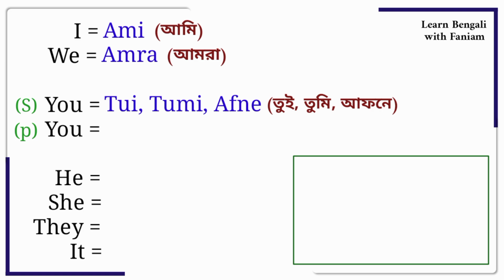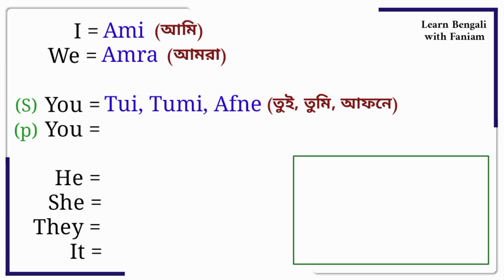Then the second one is tumi. You can use it with someone your age or with your older brother, sister or cousins, someone who is older and also close, or someone of your same age. But tui and tumi are both informal pronouns, and the third one, afne, is the formal one.